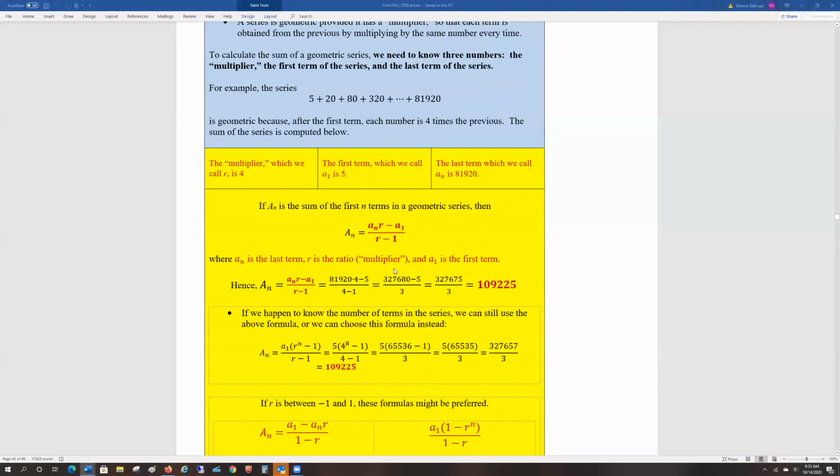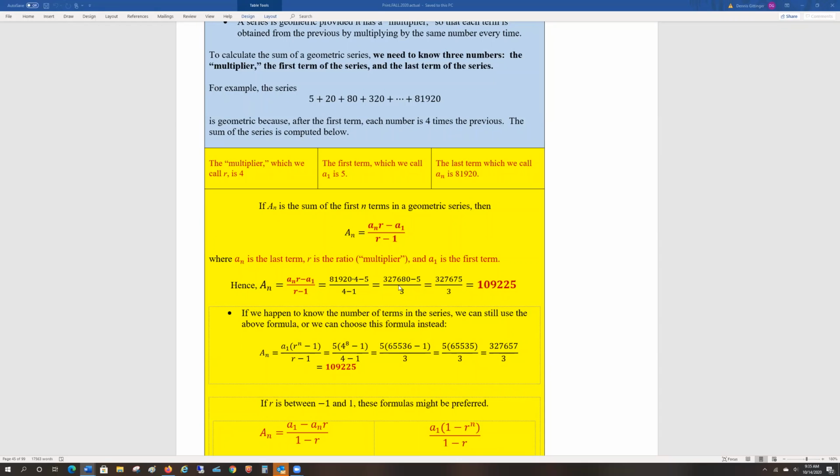Cool. So let's see. Well, the last number is 81,920. The multiplier is 4, so multiply it by 4, subtract 5, and then divide that by 4 minus 1, r minus 1. And you've got to do the numerator. And after you say minus 5, don't say divided by until you hit the equal sign, because if your calculator does the order of operations, if you just say that minus 5 divided by 3, it will do 5 divided by 3 and subtract that.